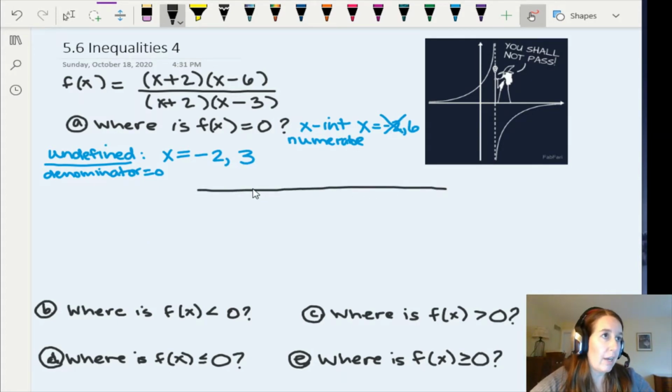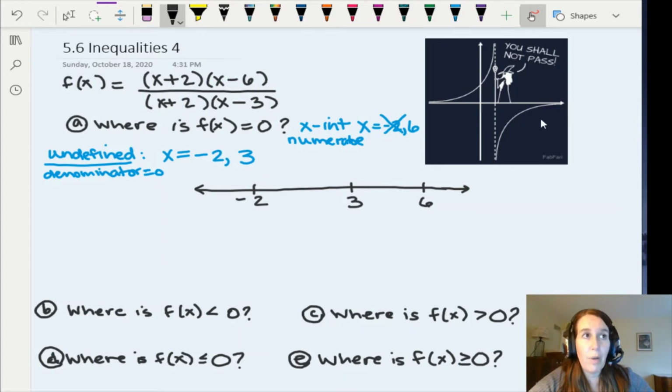So we have -2, 3, and 6. Those points, undefined or zeros, are the only places where the graph can change from being positive to being negative. You can see on this little graph, yes, even memes can be rational functions, that the asymptote is where it's changing from positive to negative, not just zeros.